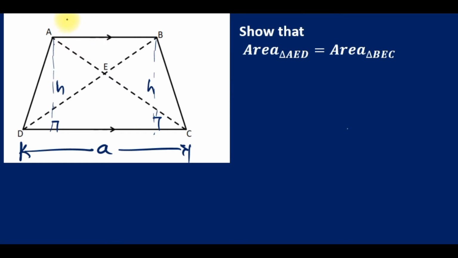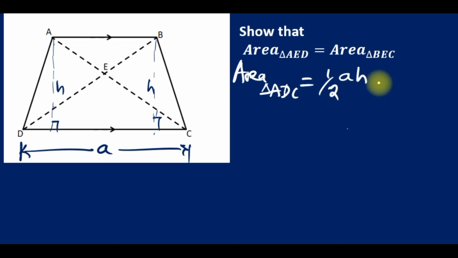So we now see the area of triangle ADC. Remember, the area of a triangle is half base times height. So half the base, which is A, times the height, which is H. That's the first thing you have to know.